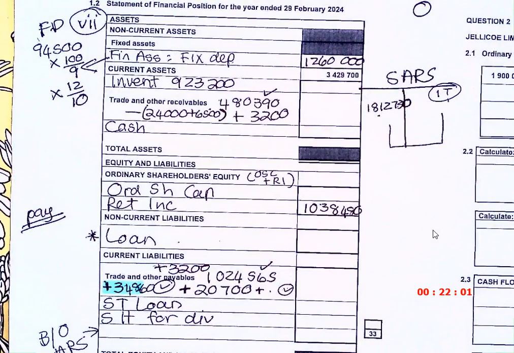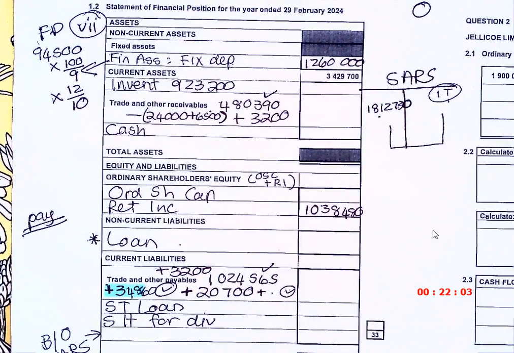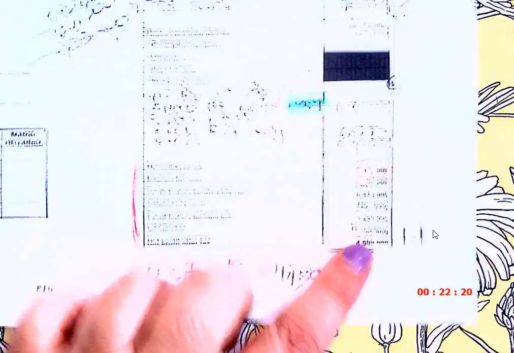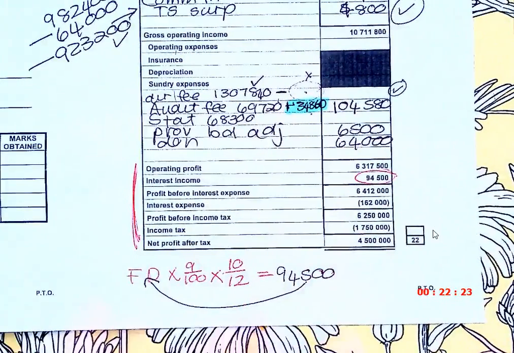Next one. So the next one is the loan. And with the loan, again, like the director's fees, this is a high order question. There's a lot of things that we need to take into account here. Now, first of all, I need my interest. But guess what?